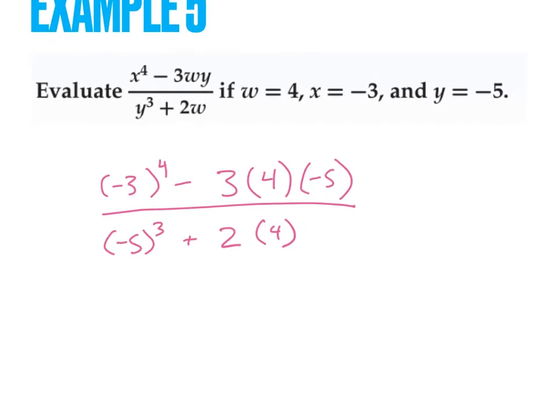When we have a fraction, this is like a big division sign, so we have the top divided by the bottom. So we pretend that we have parentheses around the top and parentheses around the bottom.